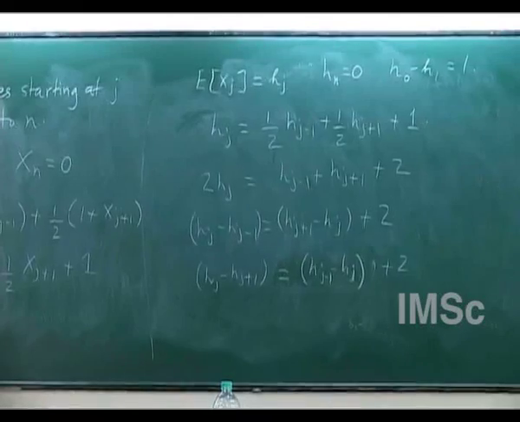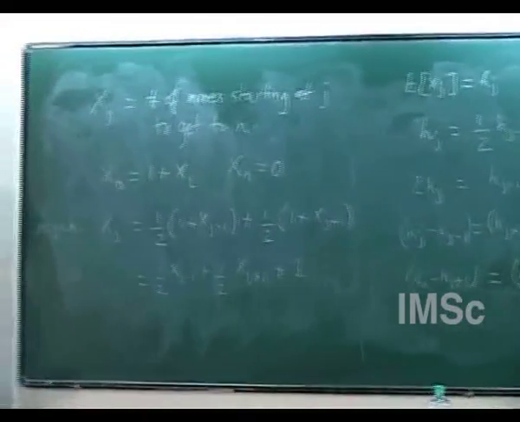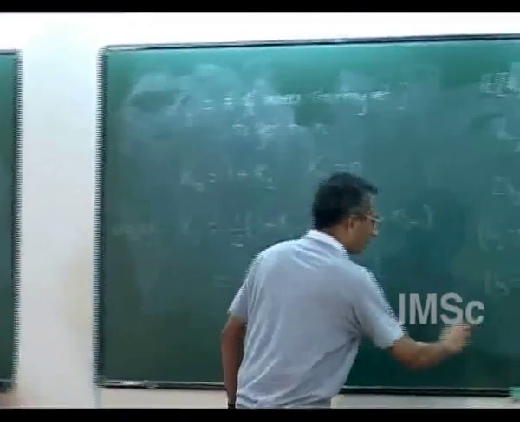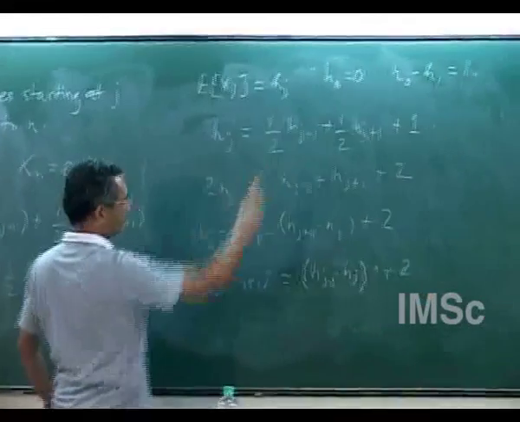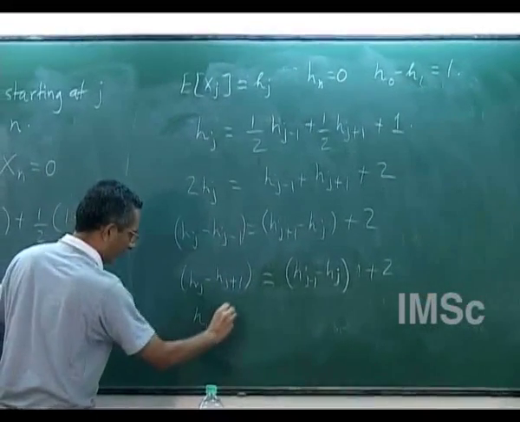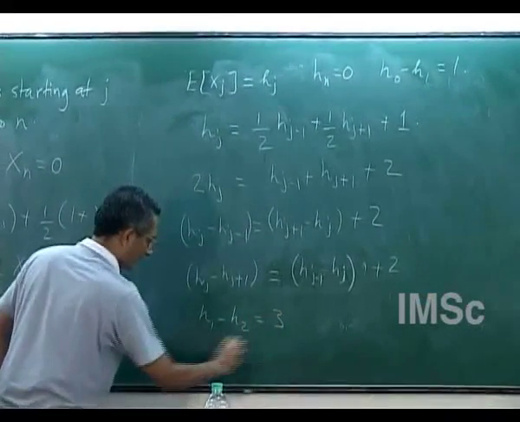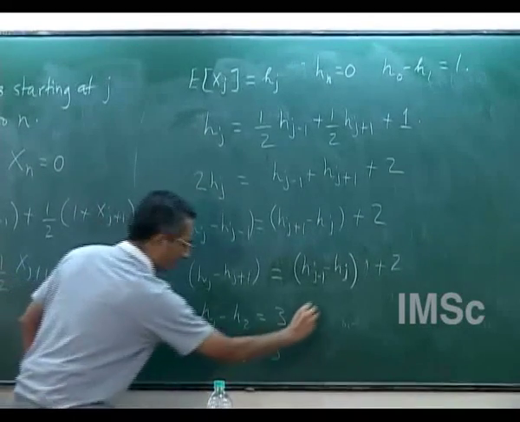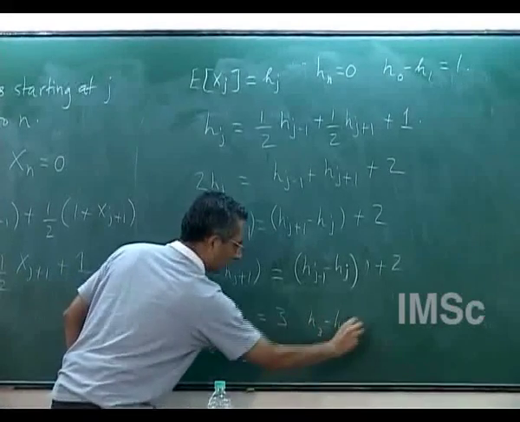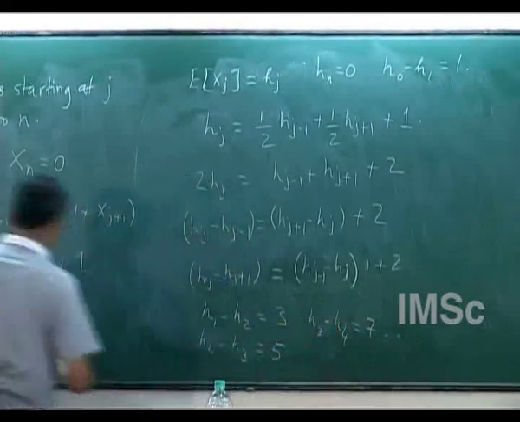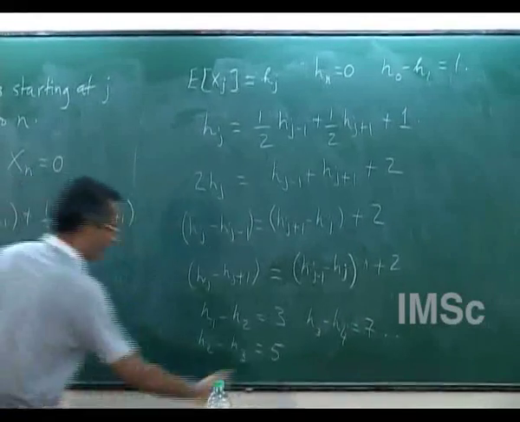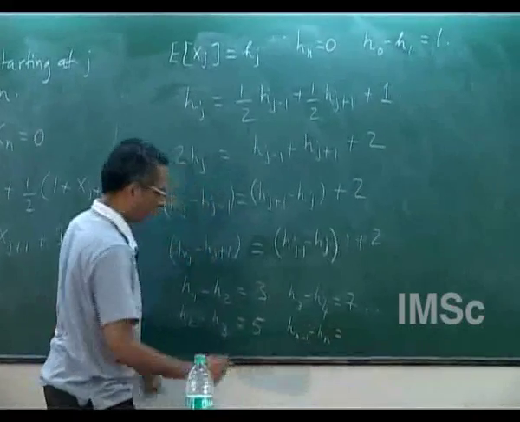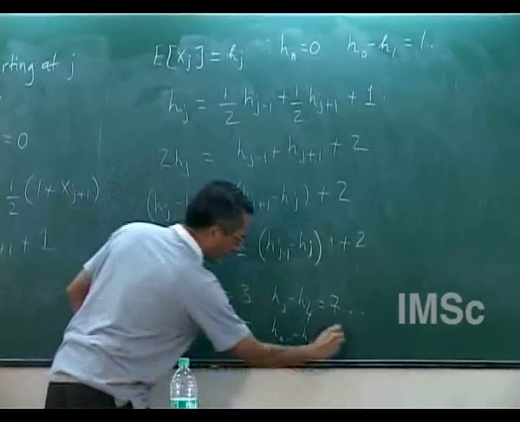So now let's try to solve this recurrence. If you plug in h0 minus h1, you get h1 minus h2 equals 3, and then h2 minus h3 equals 5, h3 minus h4 equals 7, and so on. And in the end I'm going to get h(n-1) minus hn equals, what is this? 2n minus 1.